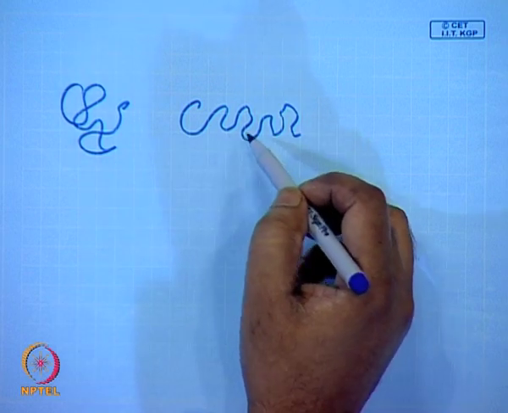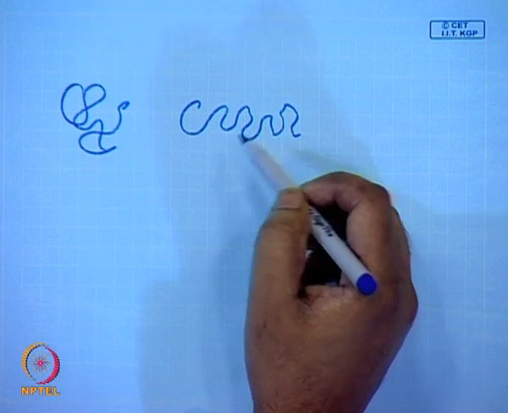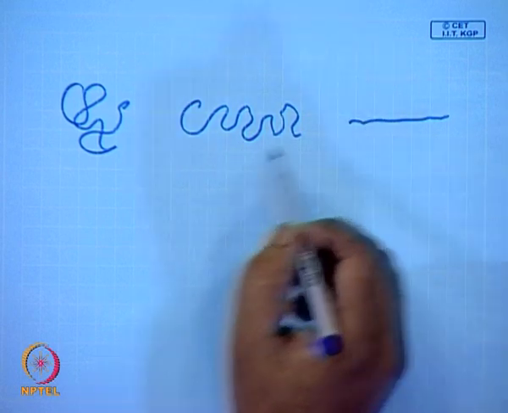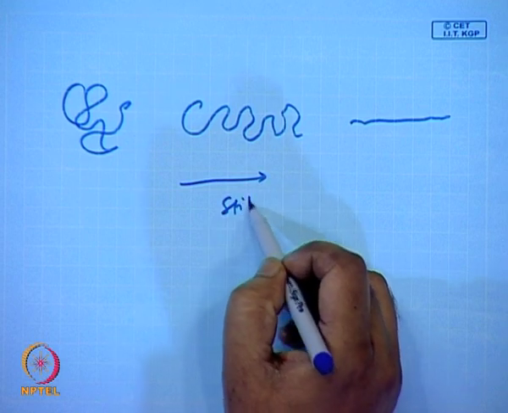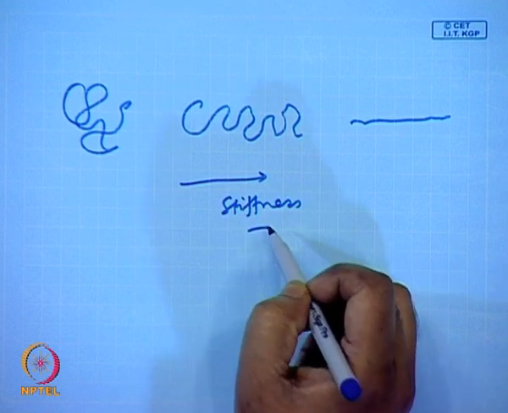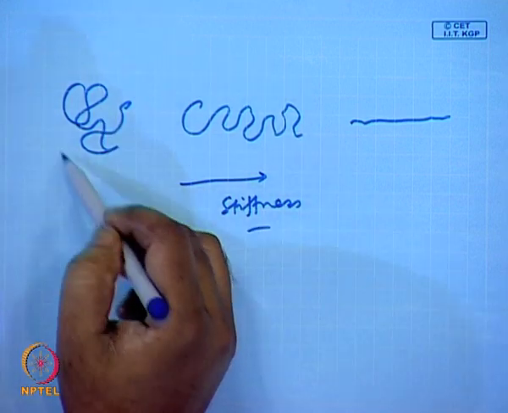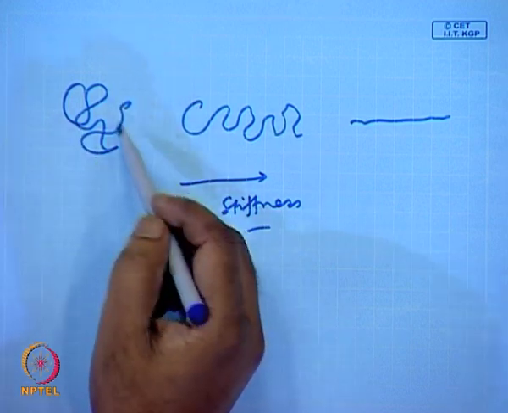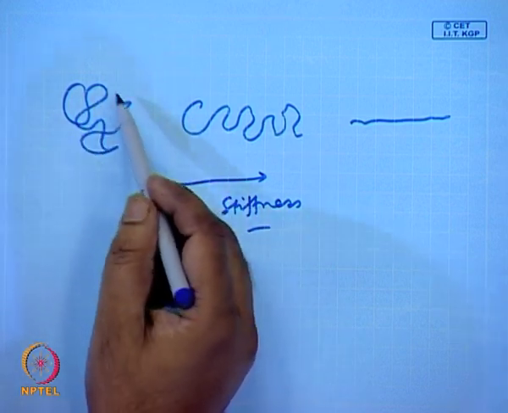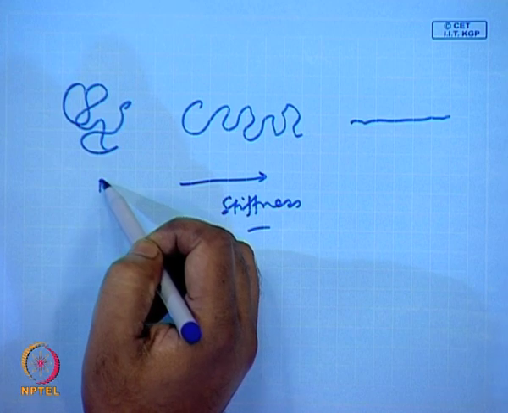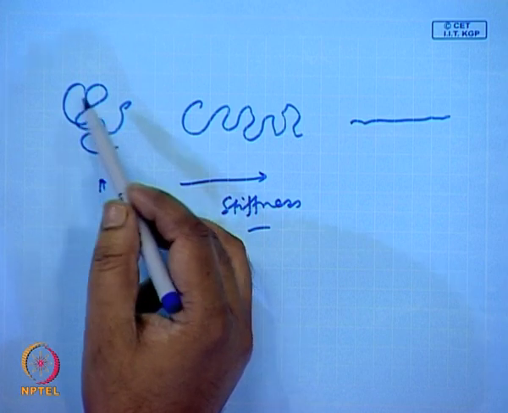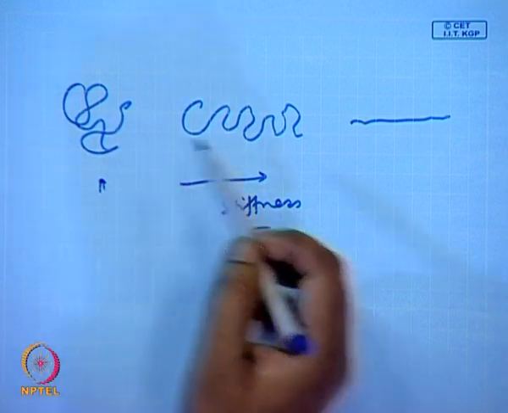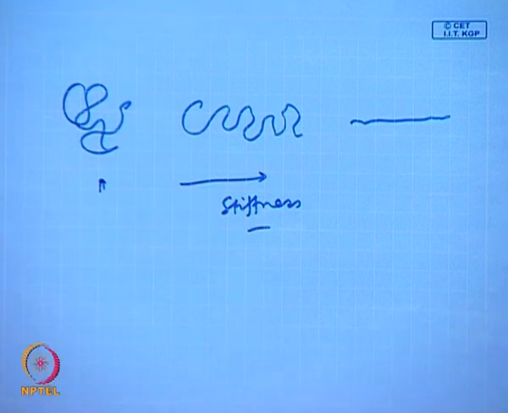And if the chain becomes even more stiff, then finally it will be like a rod. So this is as the stiffness of the backbone goes up. Most polymers we will deal with in this class and come across in applications fall in the category where the polymer is flexible enough to be closer to a random coil than worm-like or rod-like.